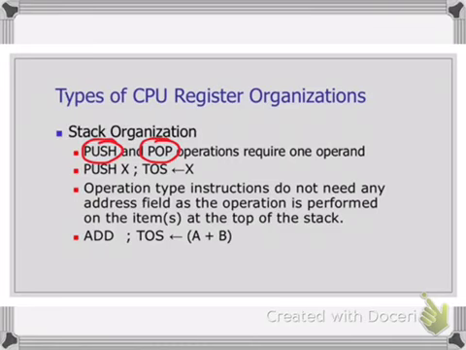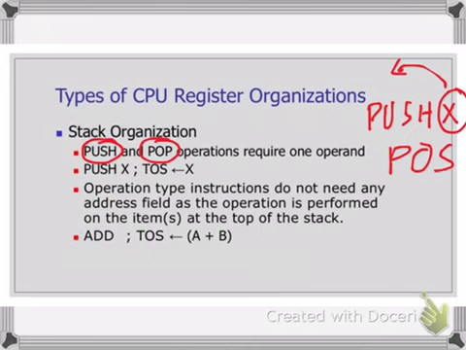Like you can see, push X. This means take the contents of memory location X and push it to the top of the stack. And pop does not take any value. It just pops out the contents at the top of the stack.